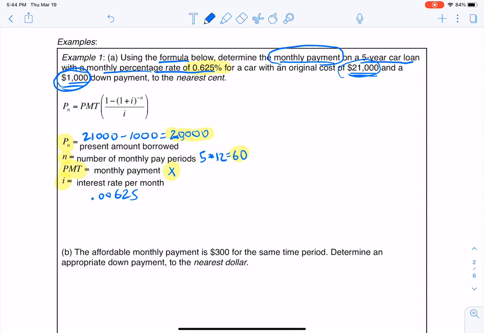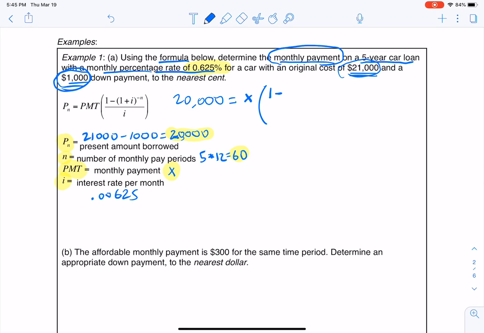So to do this, I need to be careful about how I'm inputting things into the equation. I'll start with that P of N. We found that to be 20,000. And now we don't know what our monthly payment is, so that's x. And now I need to be careful about how I'm inputting what's on the top of this fraction.